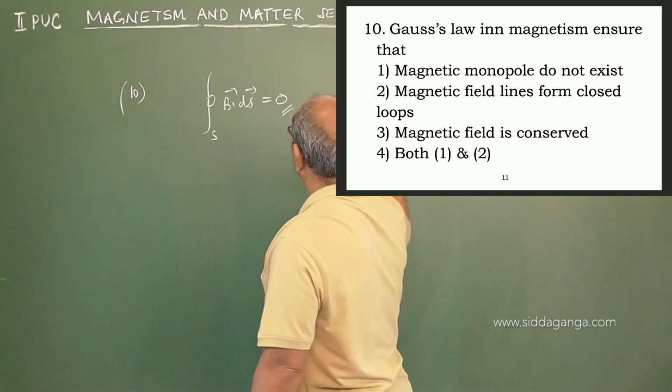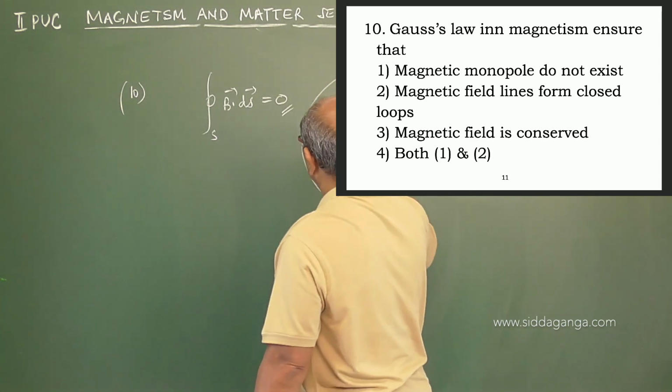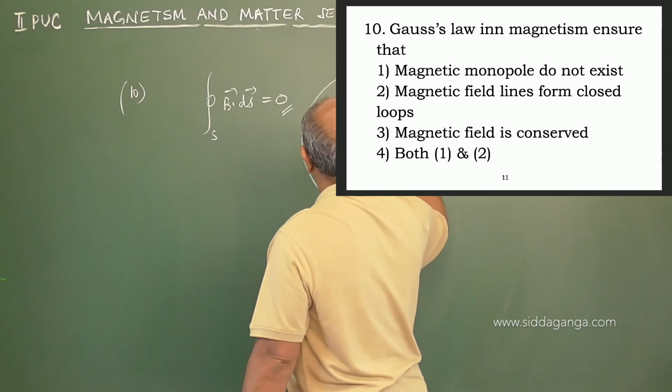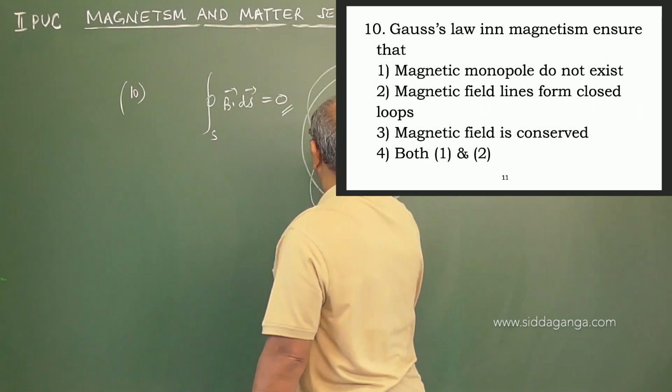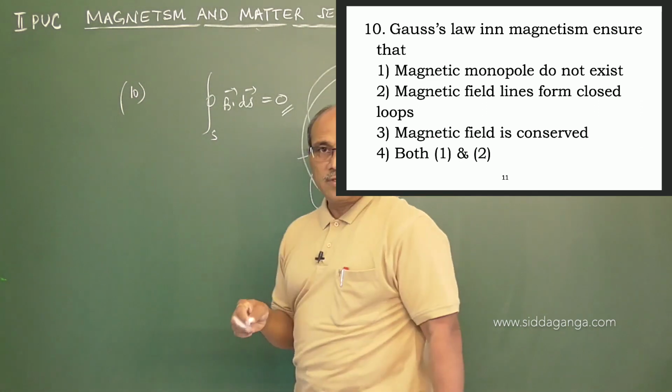The net flux becomes 0 through a Gaussian surface. There should be a dipole structure: however many lines of force come out from one end, they should enter from the other end. Otherwise, you cannot have that.